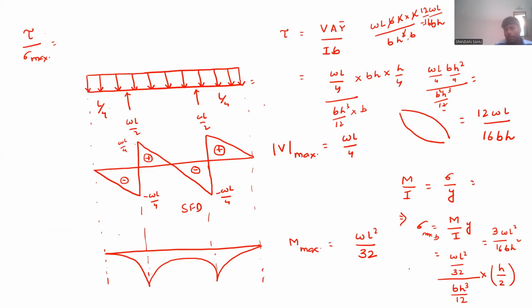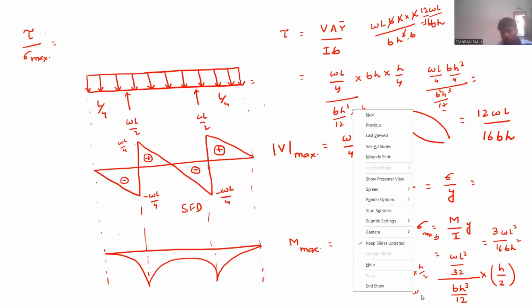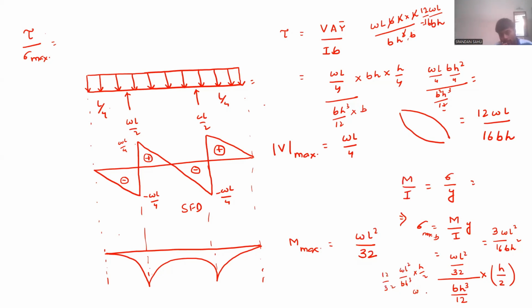So you will get here 12 upon 32, 12 upon 32 W L square upon B H cube into H. So 12 upon 64, 6 upon 32, 3 upon 16, W L square upon, yes.